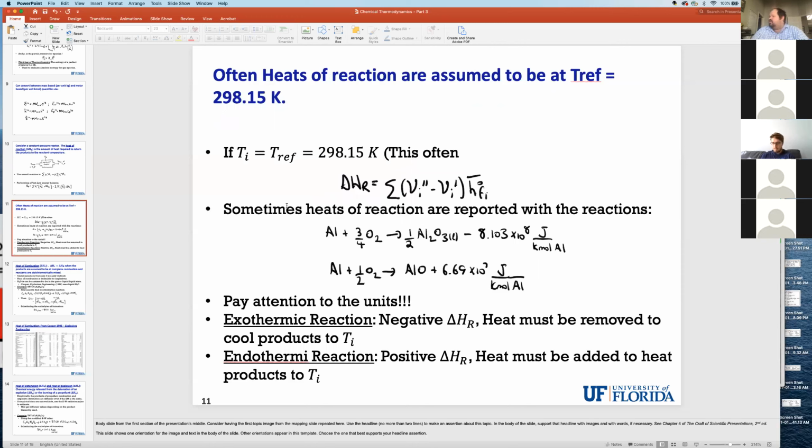Typically you assume that heats of reaction are at 25 degrees Celsius, or 298.15 Kelvin.